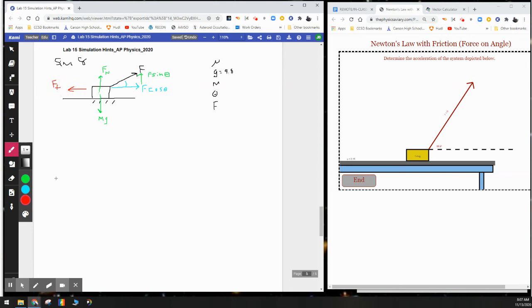All right, so we have to analyze this. We have two dimensions, so we'll consider the horizontal and the vertical. For the horizontal, the sum of the forces in the x direction is equal to m times a subscript x, to show the horizontal motion.